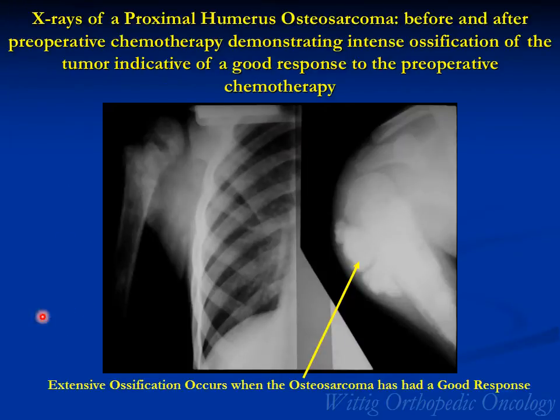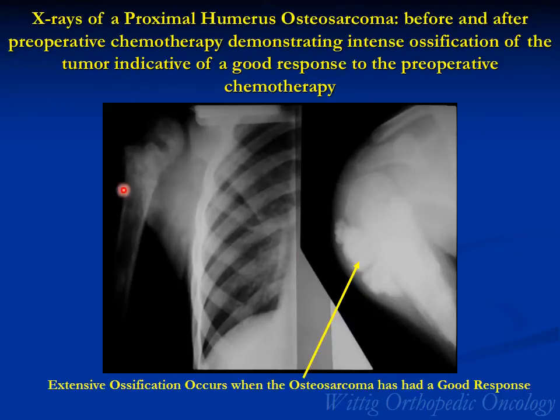This is an X-ray of an osteosarcoma of the proximal humerus before and after preoperative chemotherapy, demonstrating intense ossification of the tumor, which is indicative of a good response to preoperative chemotherapy. So here's the pre-chemo X-ray, and here's the post-chemo but pre-surgery X-ray, and you can see how much of the tumor ossified.